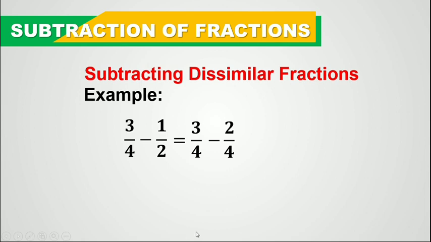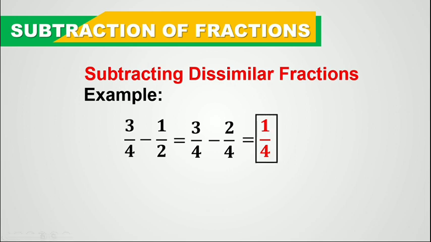So as what you can see, we have already transformed them from dissimilar fractions to similar fractions, and now we can apply the rules in subtracting similar fractions. So just copy the denominator 4 and then subtract the numerator. So 3 minus 2, that's 1. So that's why the answer for this particular example is 1/4.